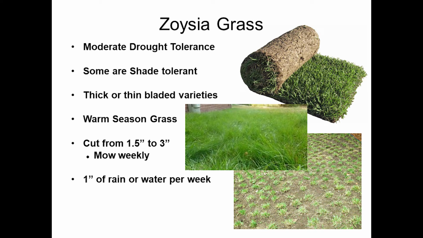Rainfall, like I said, about 1 inch a week if we're getting a nice, good, healthy amount. One of the main drawbacks to zoysia is that it is expensive. It cannot be seeded. It has to be either put in plugs or sod. This is what a plugged yard will look like when you first plug it.